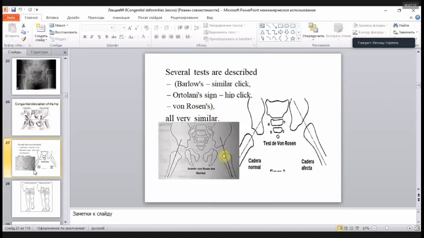Several tests are described: Barlow's test, Ortolani's test, von Rosen's, all very similar.